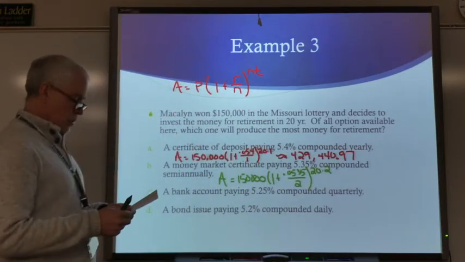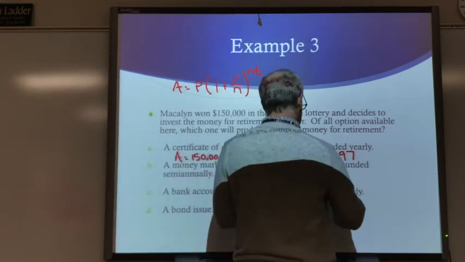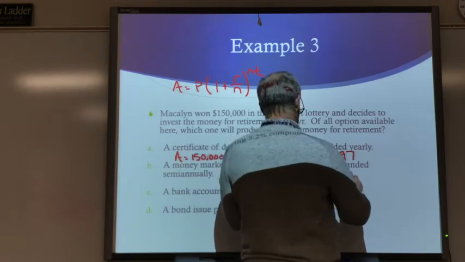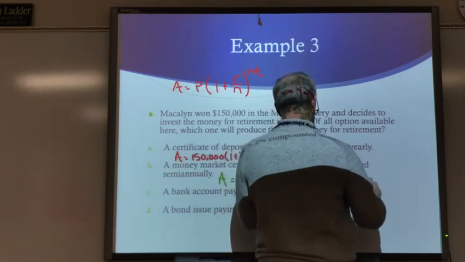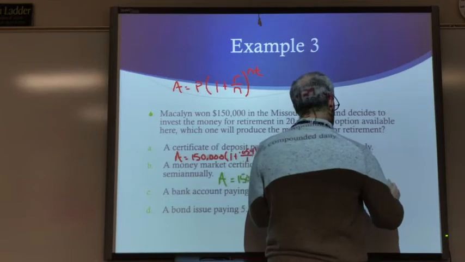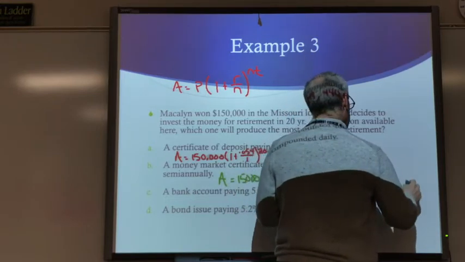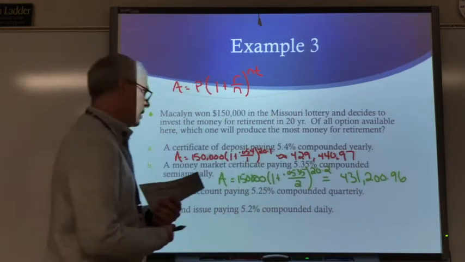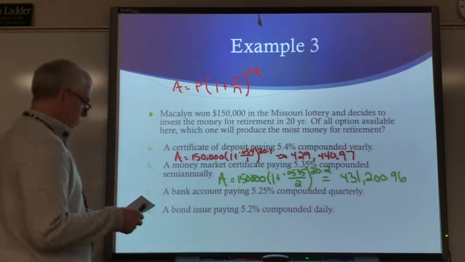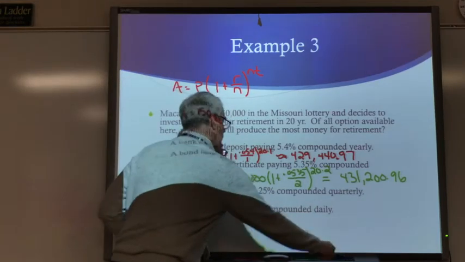Okay, so I go ahead and put that in, and I get $431,200.96. Okay, so that one's a little better deal. We'll see if that one hangs on to be the winner or not.